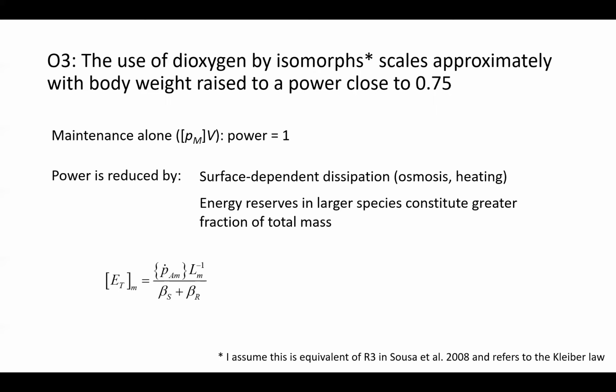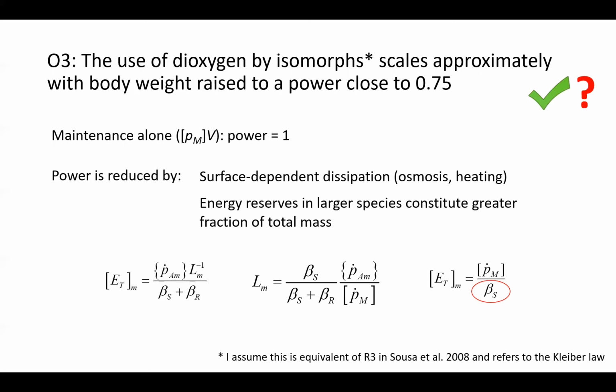Well, here it's actually exact equilibrium for the maximum size, and inserting LM into that gives us the maximum transport compartment energy density, and it doesn't obviously scale with length unless beta S does, or rather with size. And I think it's fair to assume that the rate of per cell uptake of energy from blood should go down with size. So I'll mark that as a success, but with a potential caveat.